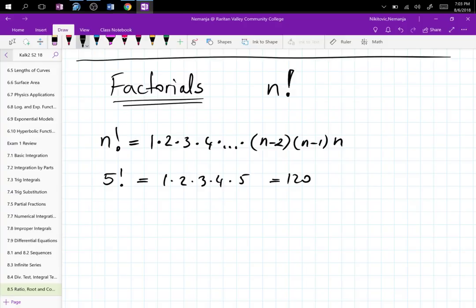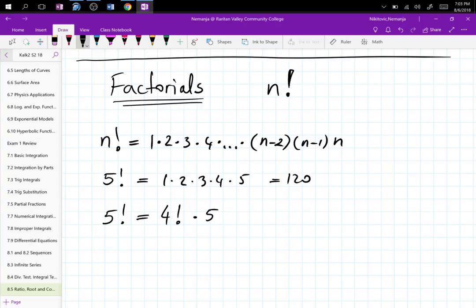Now, we are going to need one very important property of factorials to solve these problems, and that is peeling off a factorial. So 5 factorial is actually 4 factorial times 5. Does it make sense?